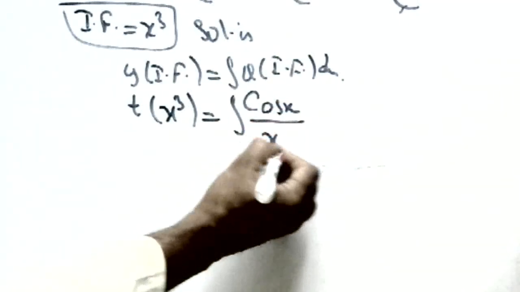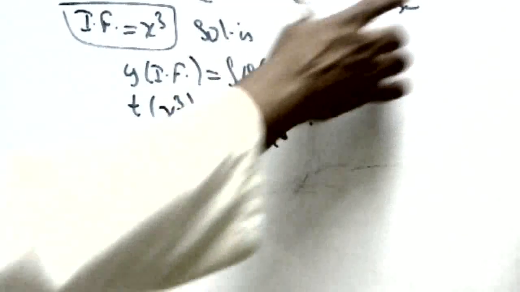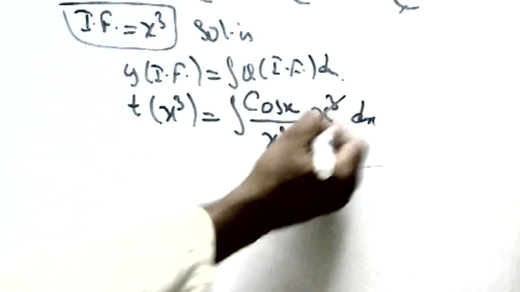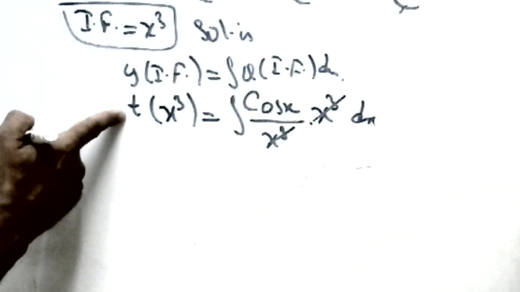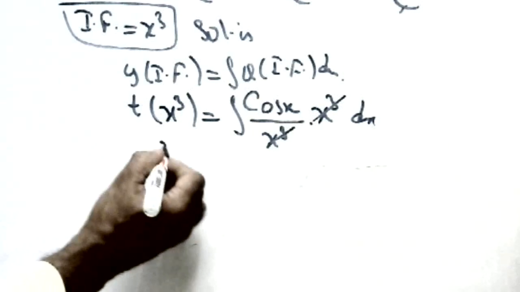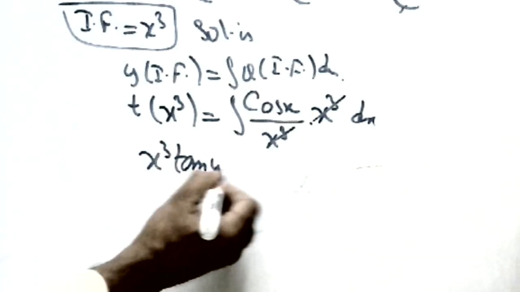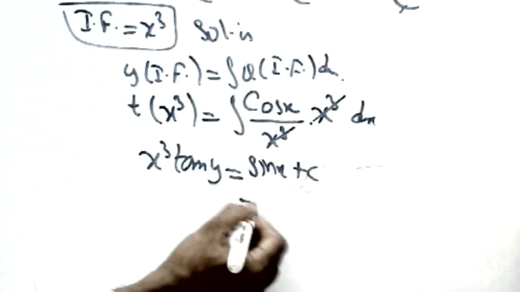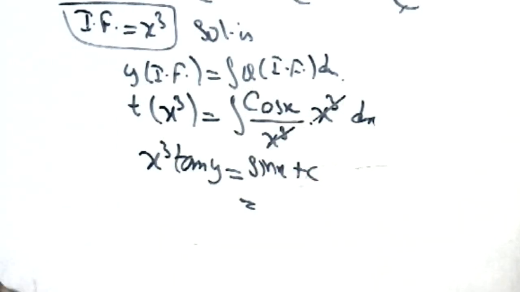We are having q as cos x by x cube into the integrating factor, x cube, dx. So x cube will get cancelled. Now what is the value of t? Initially we supposed t as tan y. So this will be x cube into tan y. Integration of cos is sine. So sine x plus c.